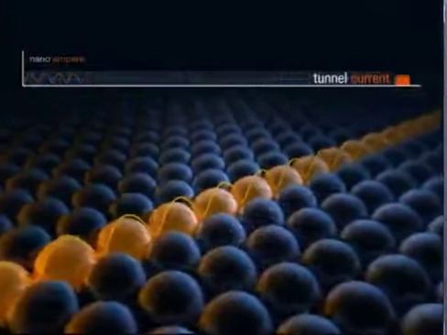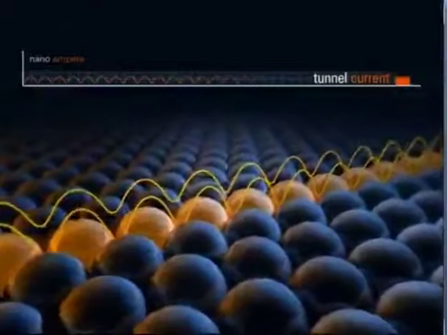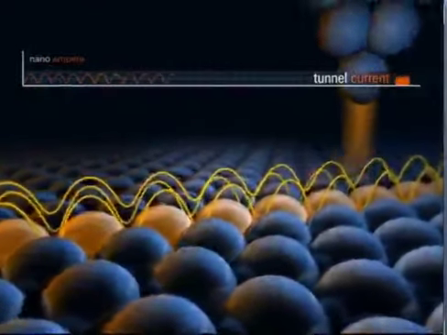The high resolution can be used to image individual atoms in the surface plane of the sample. We resolved the atomic structure of a copper crystal.